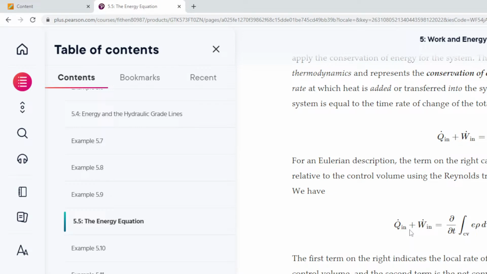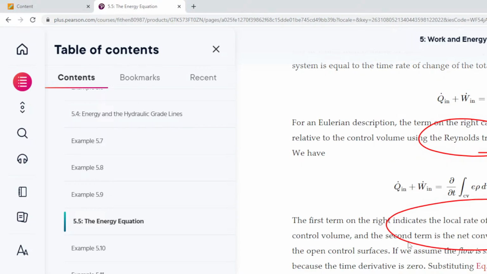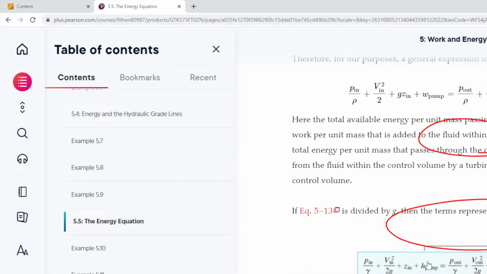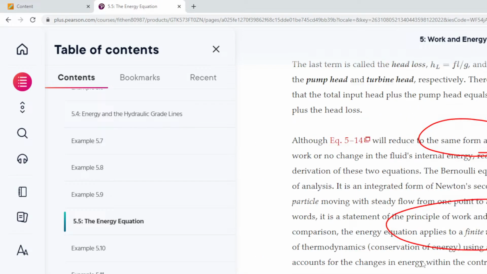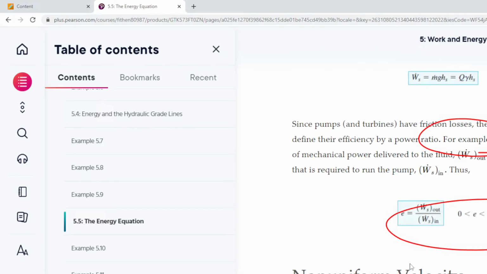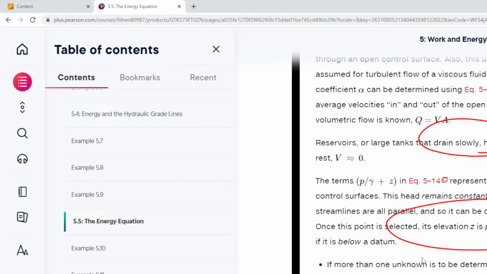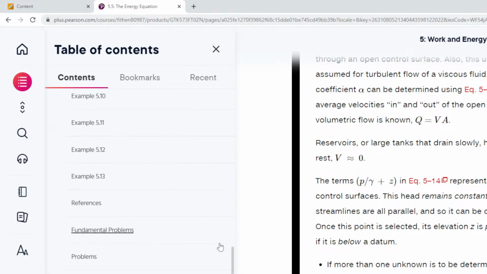The reason I don't is because that is thermo, so I basically say let's keep that reserved for thermo. And that's pretty much it.